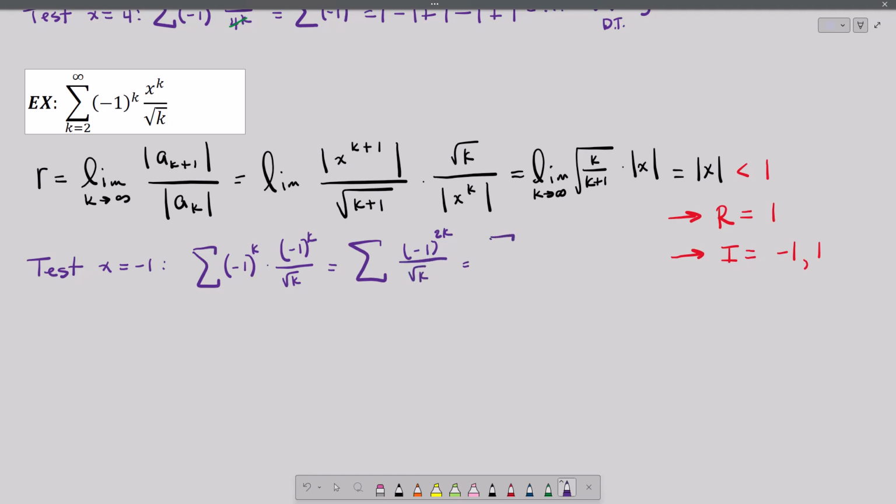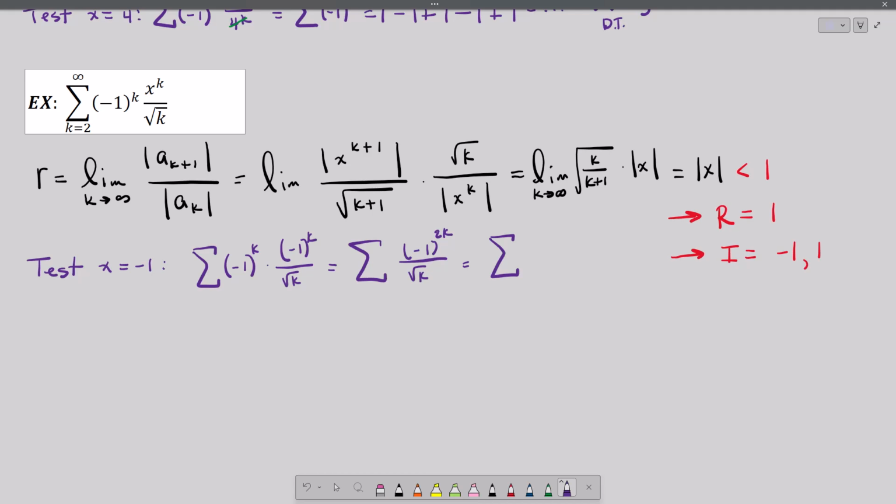And what is -1 to the 2k? How does that simplify? It's just 1. Because when we have a power with a product up here, if you have some number like a raised to the ab, you can do whichever one you want first.